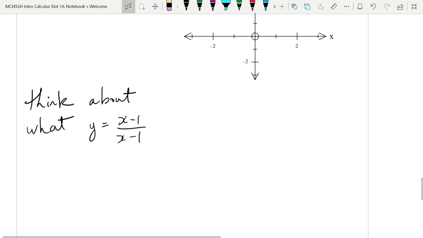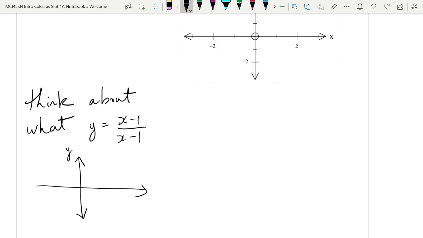So if I were to sketch it, there's the y-axis. There's the x-axis. And it would be a graph, here I'll draw it in blue.